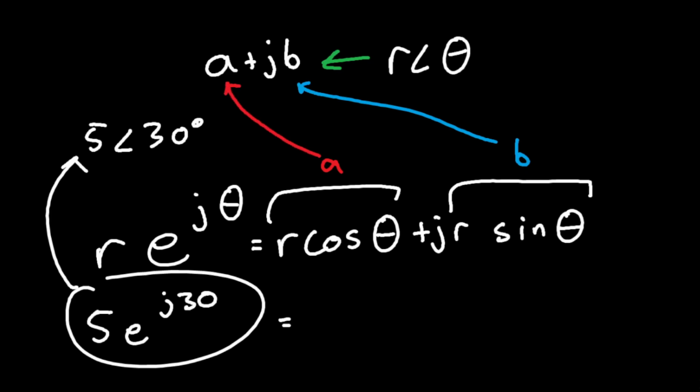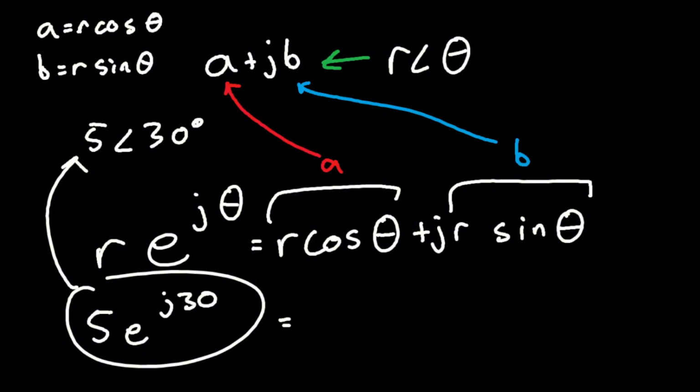Well, that's how you calculate this. R cosine of theta is equal to a, and b is equal to r sine of theta. Right? So using Euler's formula, we can decompose your polar coordinate into rectangular coordinates.